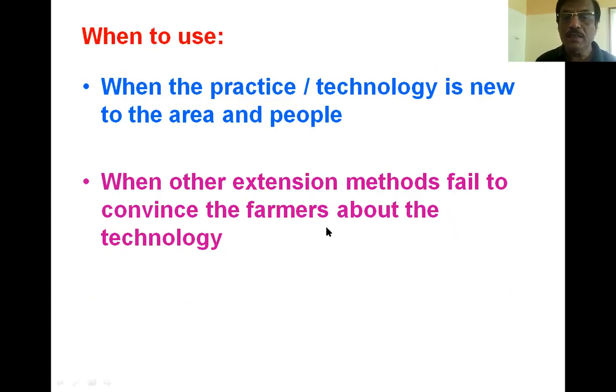Also when other extension methods fail to convince the farmers, when radio has failed to convince the farmer, TV has failed, meetings have failed, training has failed to convince. So this is one of the best methods when other extension methods fail to convince the farmer about the technologies. So this method can be used.